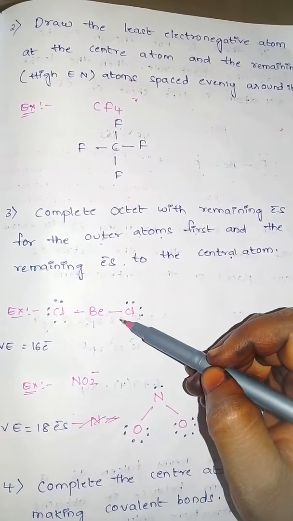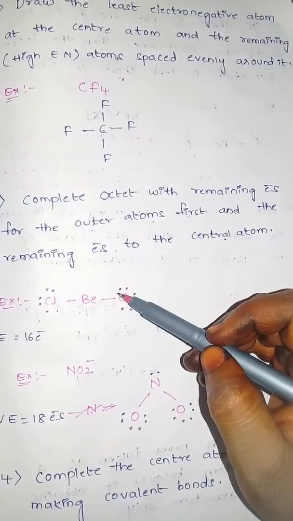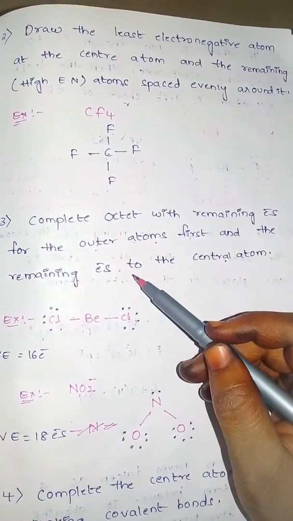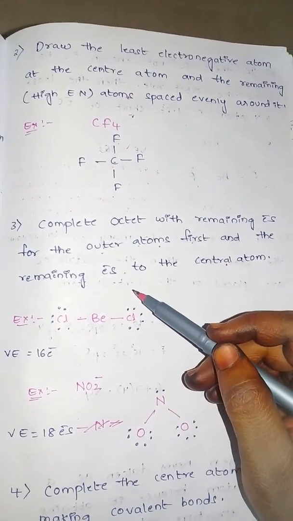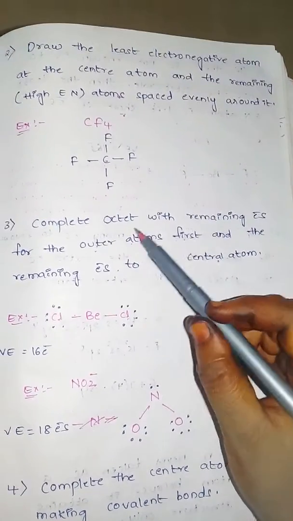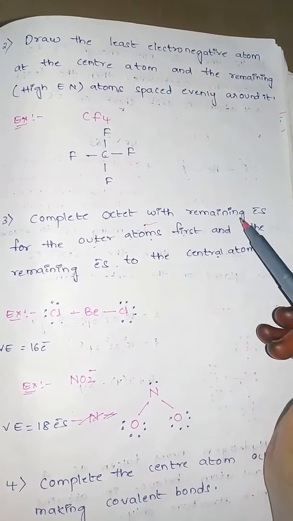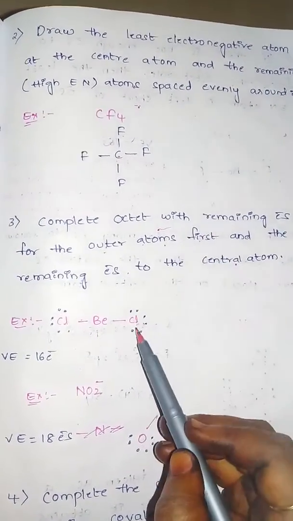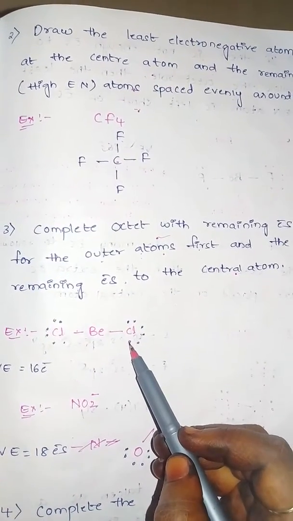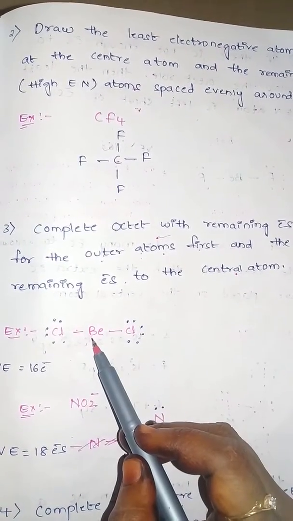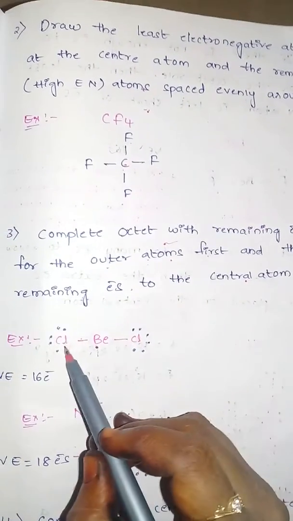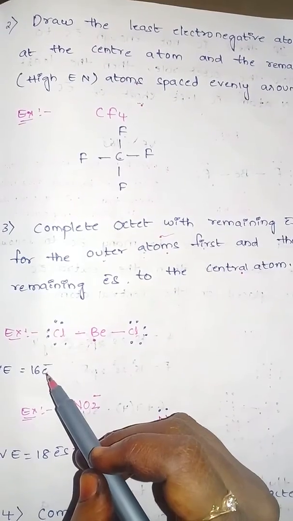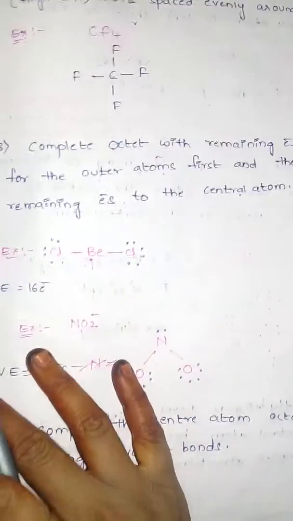For example, we take the BeCl2 molecule. What does the third rule say? Complete the octet with remaining electrons for the outer atoms first, and then go for the central atom. In the BeCl2 molecule, there are 16 valence electrons.